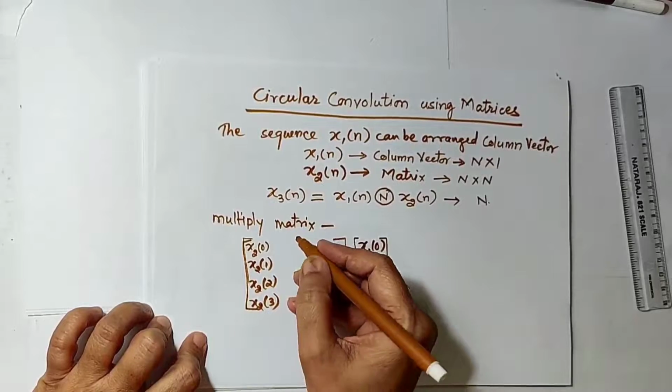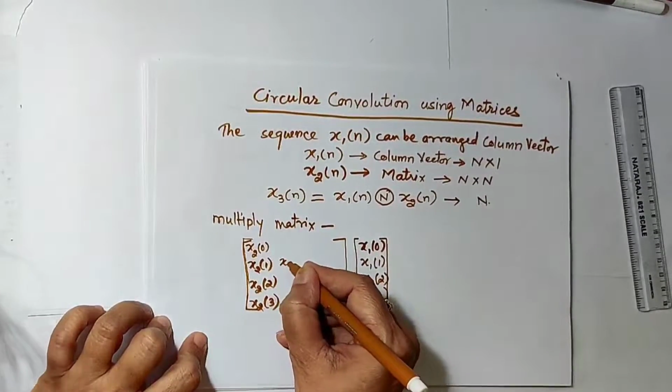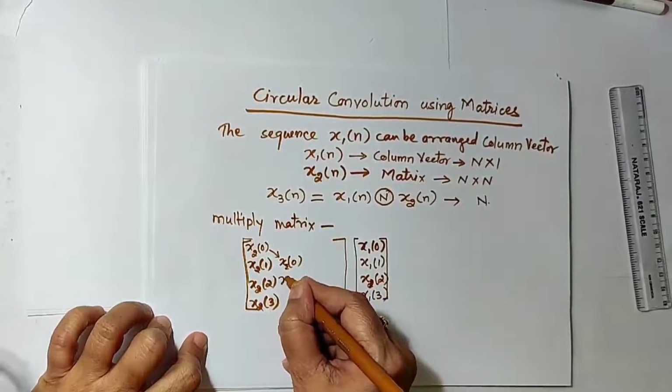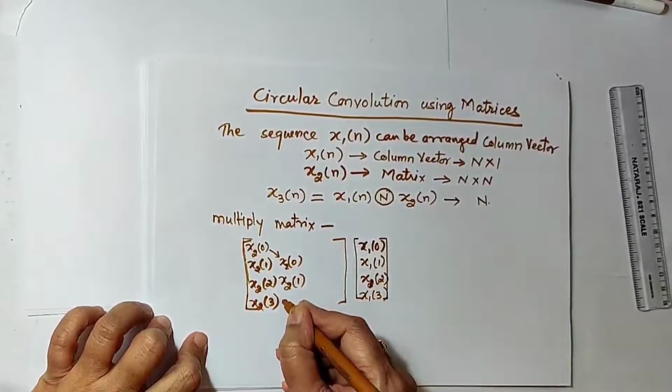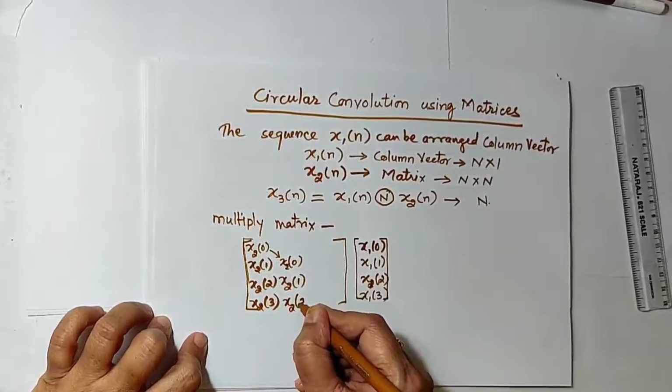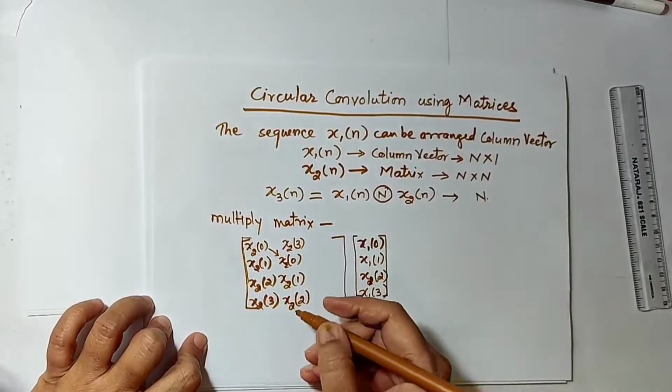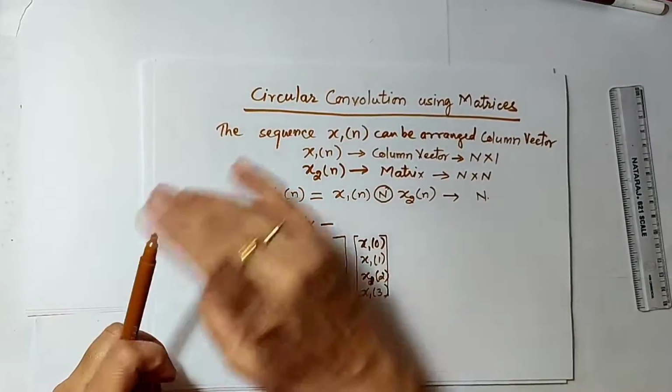Second shifting: x2(0), x2(1), x2(2) and x2(3), a circular shift.